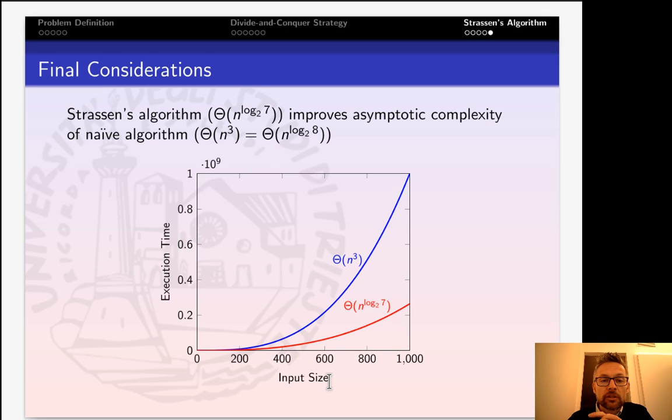Otherwise, I think we will have a lesson on Tuesday, and we will try to implement the Strassen algorithm and see the difference between the rather easy sketch of the algorithm we saw before in the part on the divide and conquer strategy, and the implementation of the algorithm, which is not really that easy, and in some sense a little bit tricky.